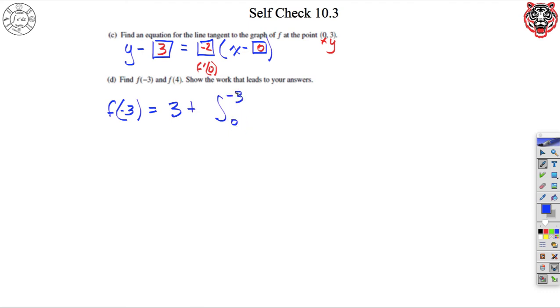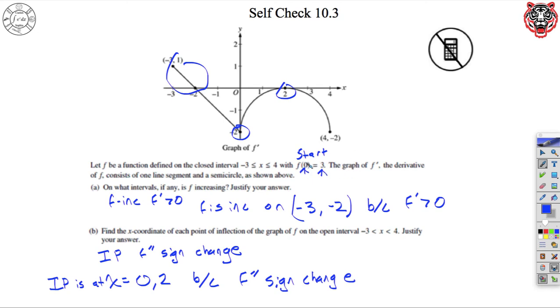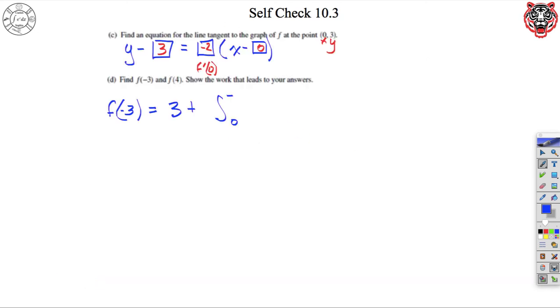I started at 0 because the start time was 0. That changes into 3 minus the integral between -3 and 0 of f prime of x dx. I just switched the limits and made this a negative.